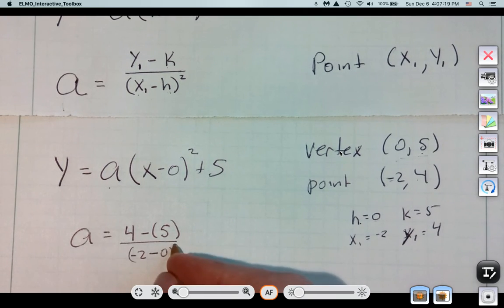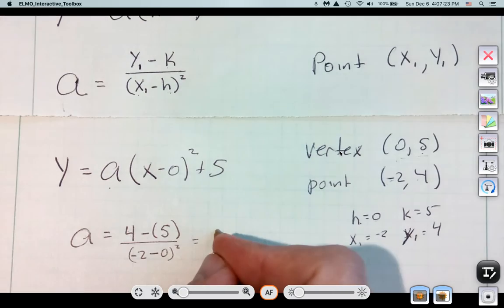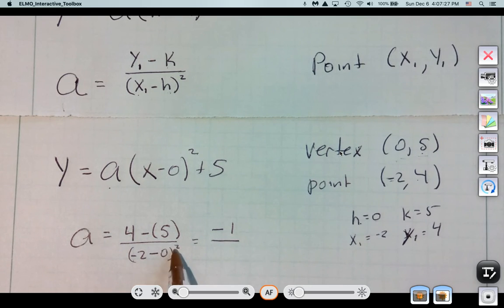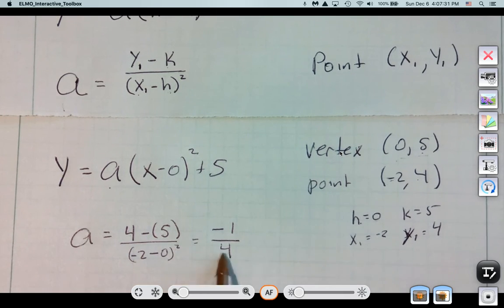And I'm going to square that. Don't forget to square it. So now I got 4 minus 5, that's -1, over -2 squared is going to be 4. So my a value is -1/4. Just don't accidentally make it a -4 on bottom, because a -2 times a -2 is positive.